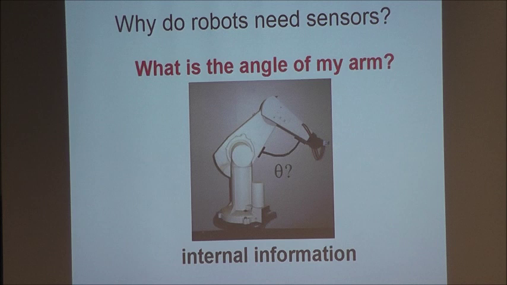If you have a manipulator robot, the robot wants to basically say, what is my angle? What is my state? Okay, this is some internal information on the robot itself.